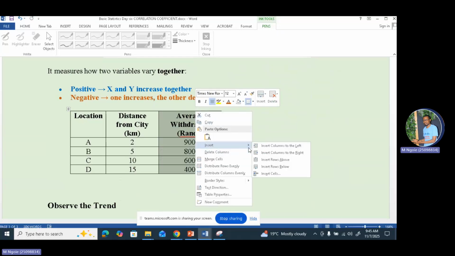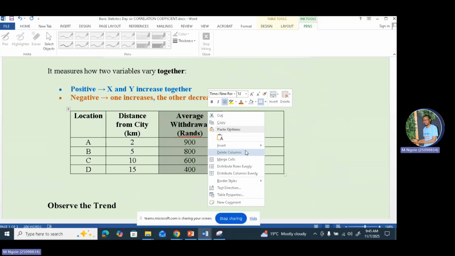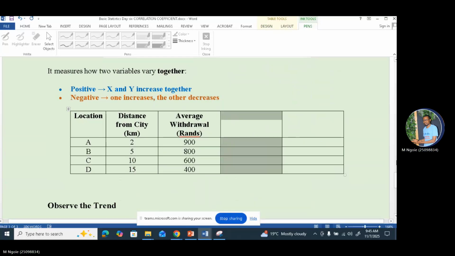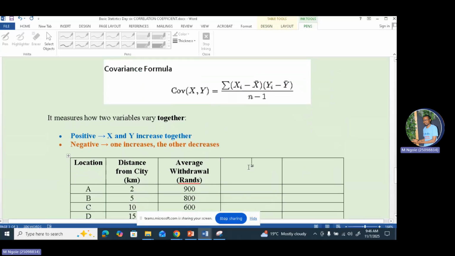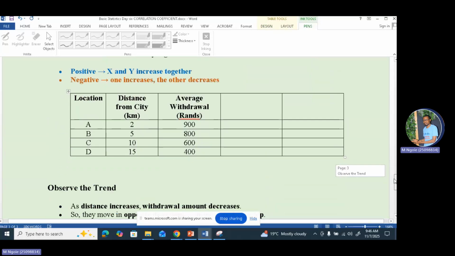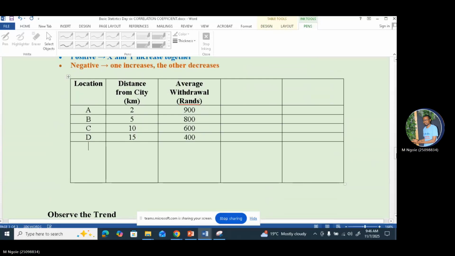So you need to add more columns there. This column here, I can add another one also here, and this one, let me try to make it big here.